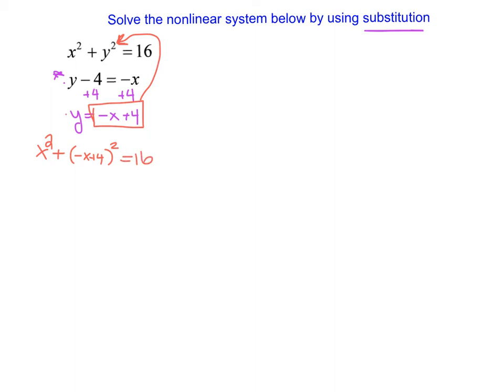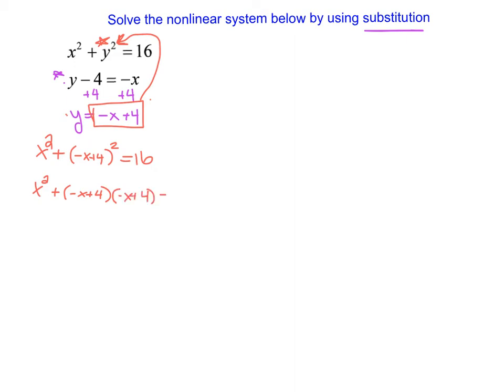So again, I started off by getting my variable alone, and I substituted it into the other equation in place of y, because negative x plus 4 was equal to y. Now from here, I need to deal with these parentheses because I can't really solve this when I have x inside of and outside of parentheses. I need to remember that negative x plus 4 quantity squared is really negative x plus 4 times itself.